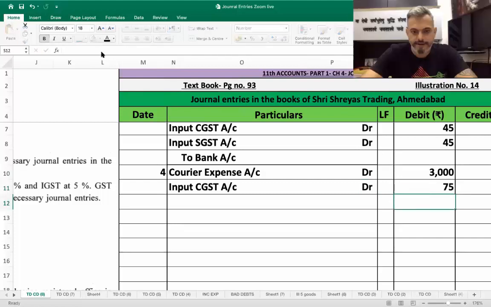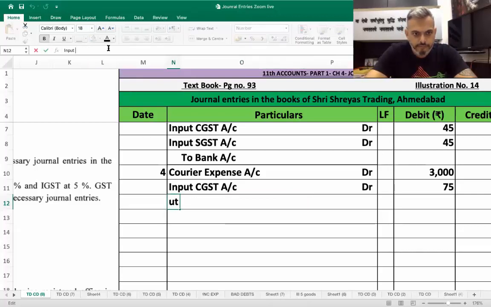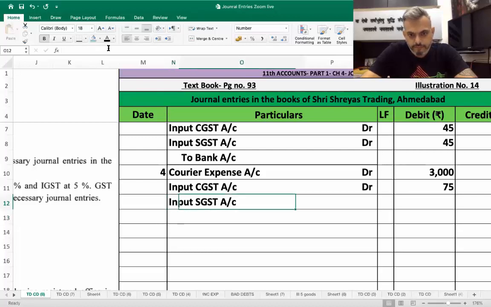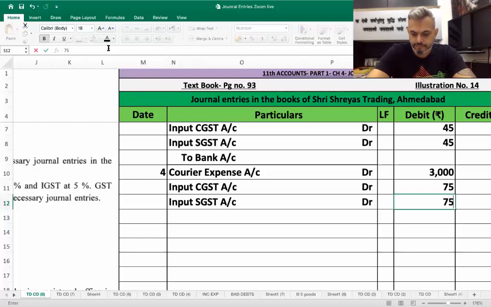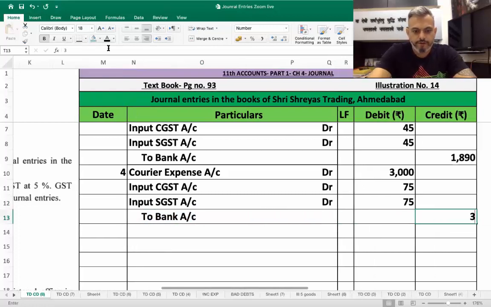Okay, great. And input SGST account again 75. Again you paid by check. So to bank account 3150.